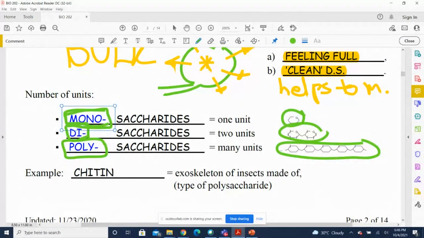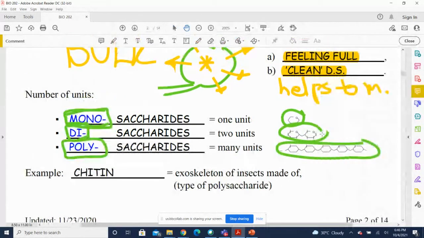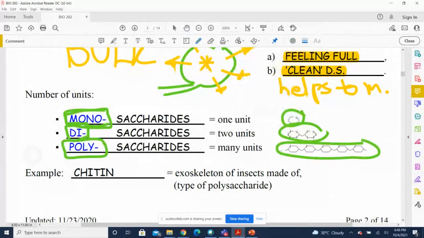So does it matter which types of saccharides you get in your diet? I would say that depends a little bit on who you ask, but as a rule of thumb, we prefer to eat more complex carbohydrates, so these polysaccharides.